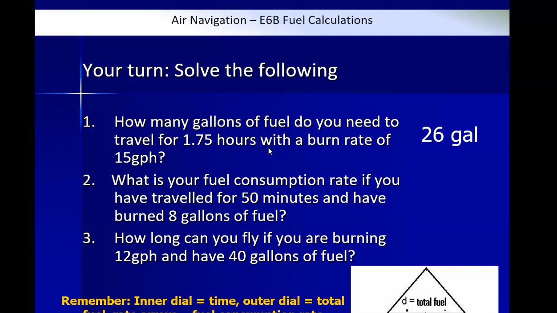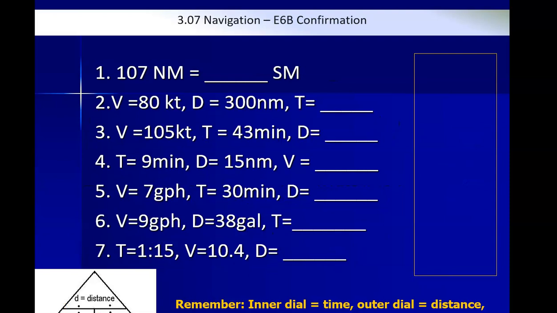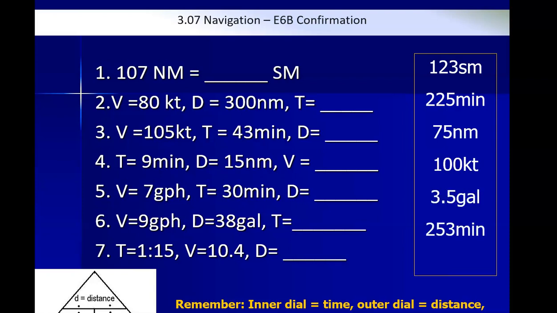There you go. You can pause the video and try these problems. Here's the answers to help you out. Some more practice problems. I'll go ahead and put the answers up. There you go, and go ahead and pause and practice these problems. You've got a speed, distance, time here, speed, distance, time here. Find your time, find your distance.